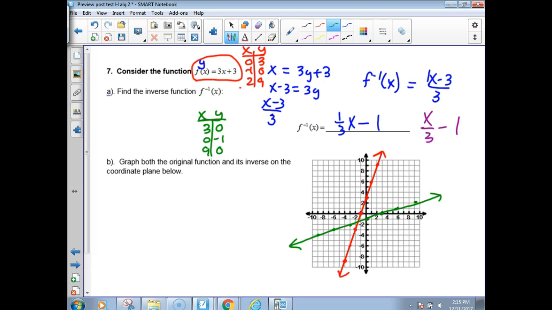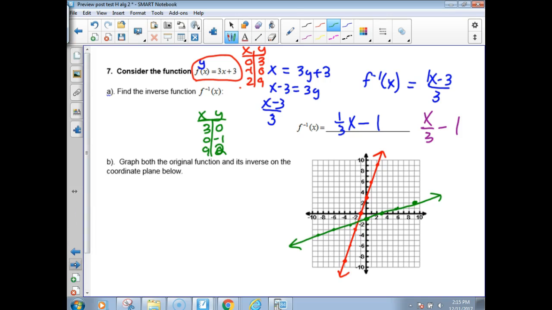So you can go 3, 0, bingo. Wait, I wrote 9, 0. It should be 9, 2, excuse me, which is right there. And then 0, negative 1 is right there. Okay. So that's another way to get it graphed.